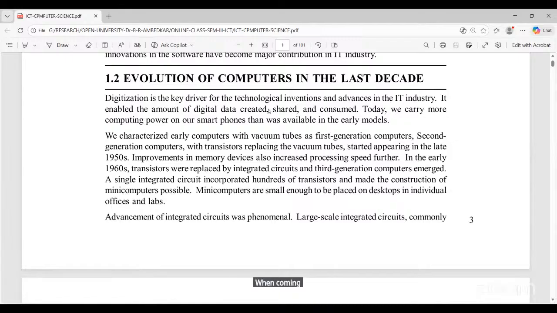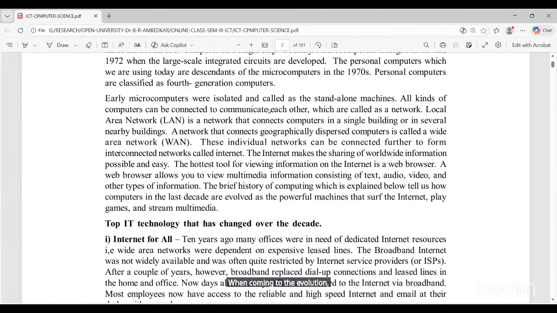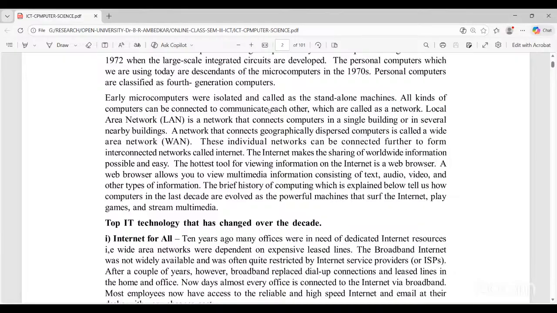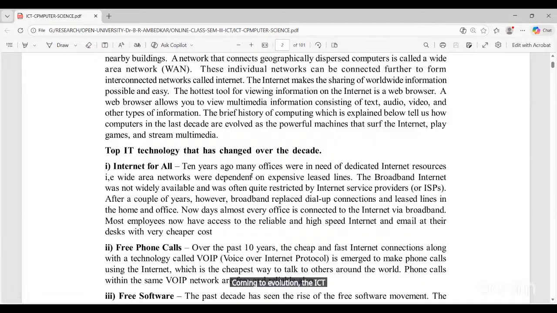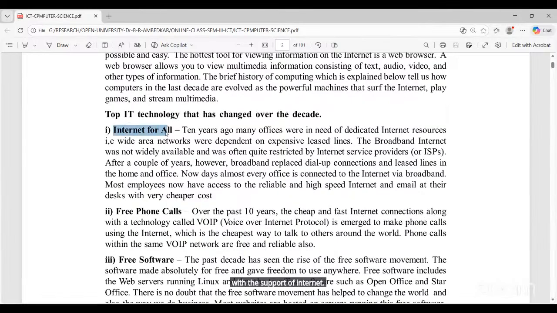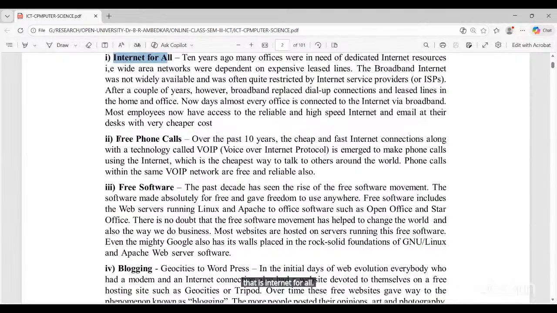Then coming to the evolution. The ICT has changed with the support of the internet. The ICT technology, or you can say IT technology, has changed with the support of the internet, that is internet for all, and free phone calls, that is the concept of VoIP, voice over internet protocol.